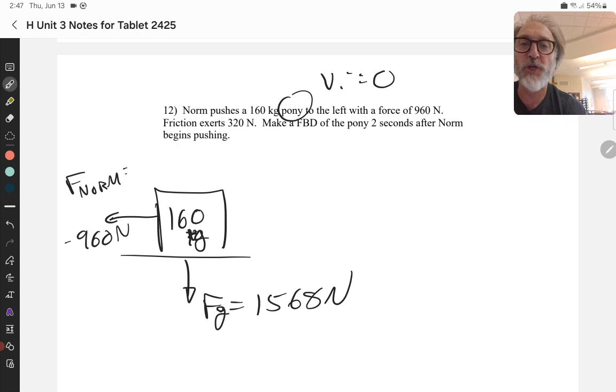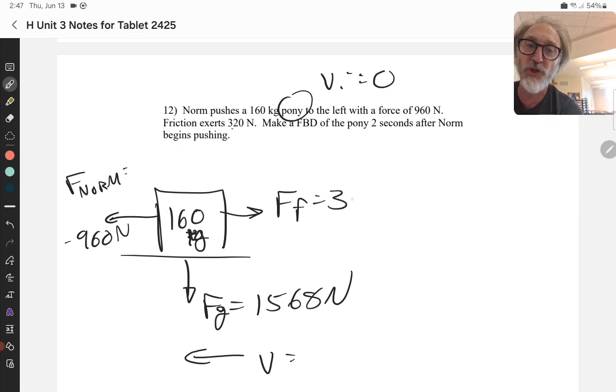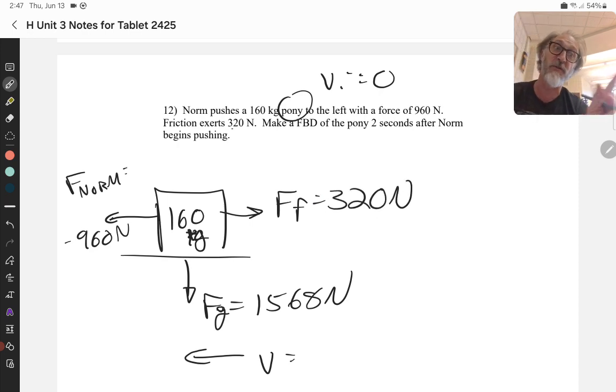So if Norm's pushing to the left, then my velocity is going to be to the left. It looks like after 2 seconds, I can maybe find that velocity. It tells us friction is 320 newtons. So if the attempted motion is to the left, then the friction is going to be to the right. Remember, friction resists motion. It doesn't resist force. It resists motion. That's going to be really important.